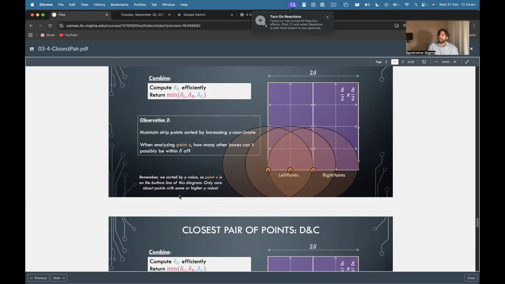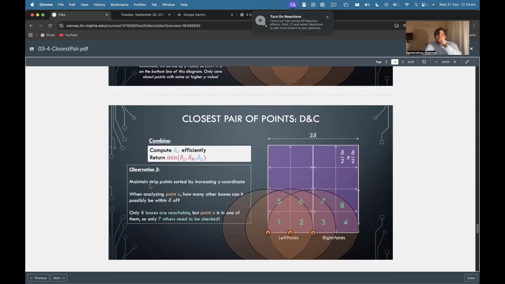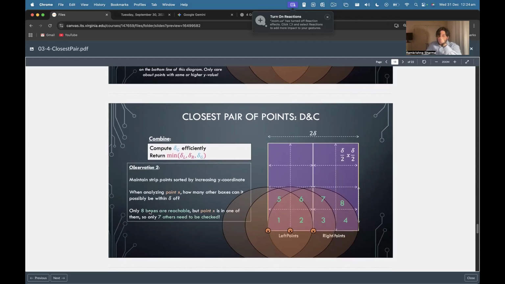So, if I check A and B and they are not valid, I've already processed A and B, and my algorithm's already recording it. I don't necessarily have to do B and A, right? It's the same thing. I don't want to do a redundant check. So only 8 boxes are reachable.